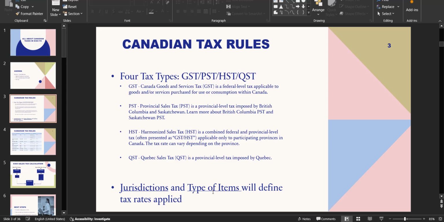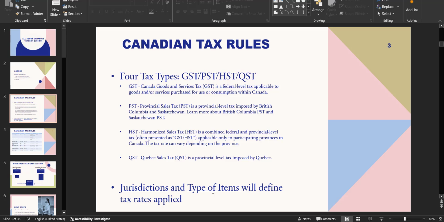So in my case, I'm based in Ontario, but I ship goods to BC. Since the item lands in BC and it's going to be used in BC, then in my scenario, PST is going to be calculated and applied, right?